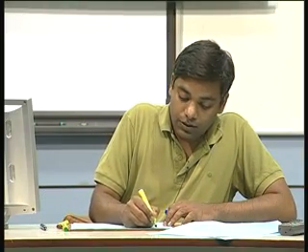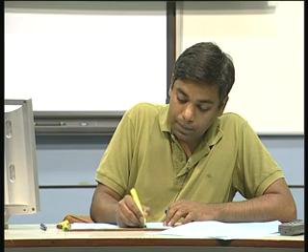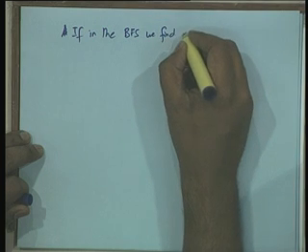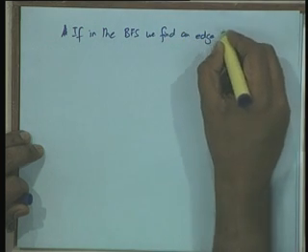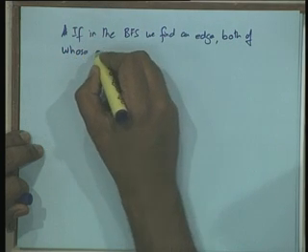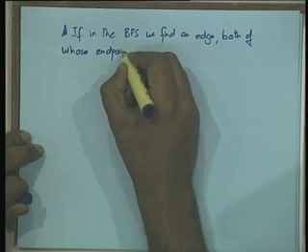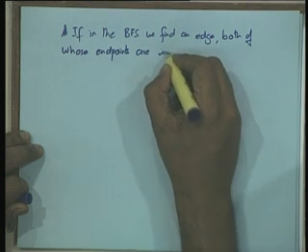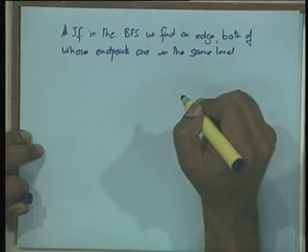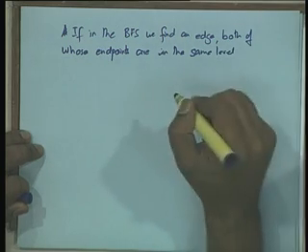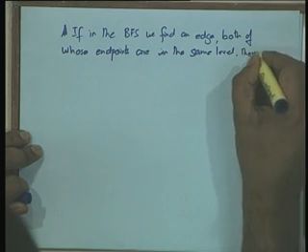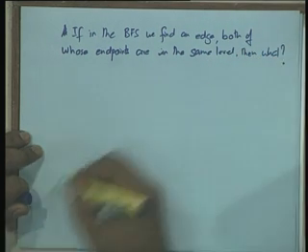So if in the BFS we find an edge both of whose endpoints are in the same level, then what can we say?